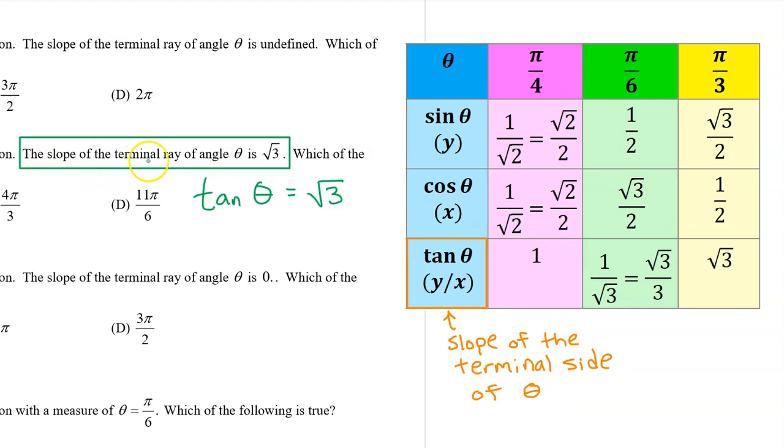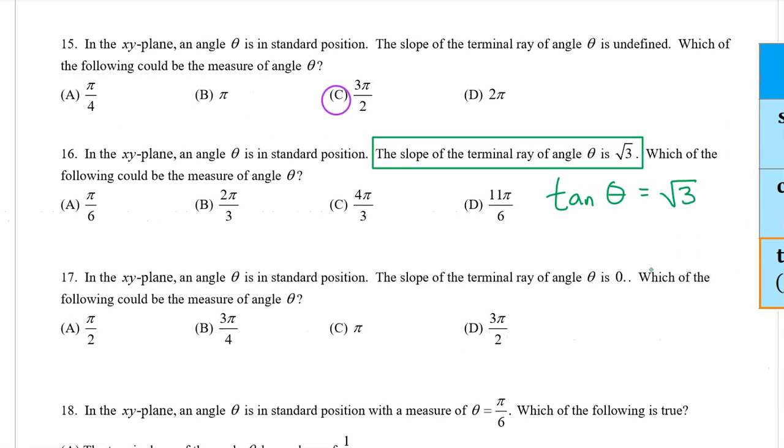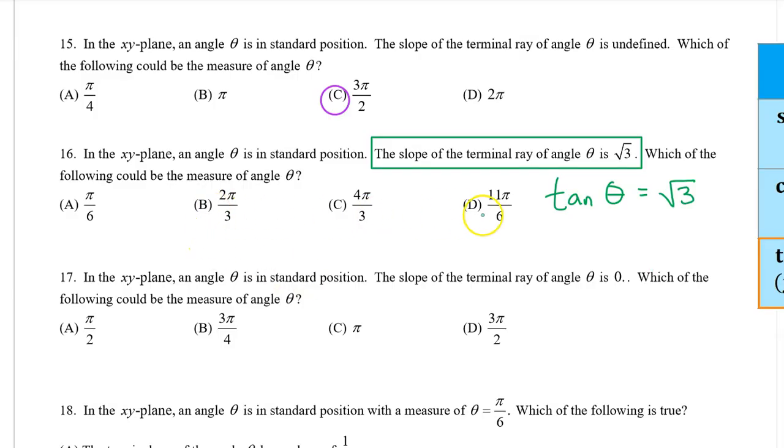When they say the slope of the terminal ray of angle theta is radical 3, that's a long way of saying the tangent of theta must equal radical 3. Notice that the tangent of pi over 3 is radical 3. So if I saw that pi over 3 was one of the answers, then that would be the answer.